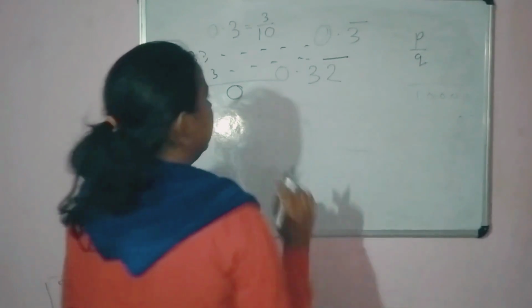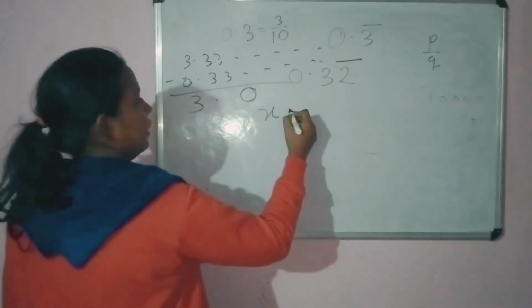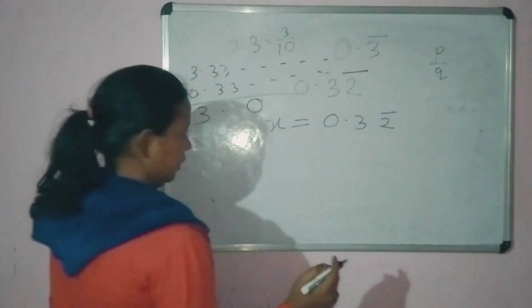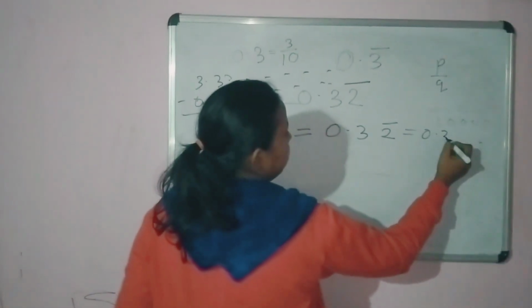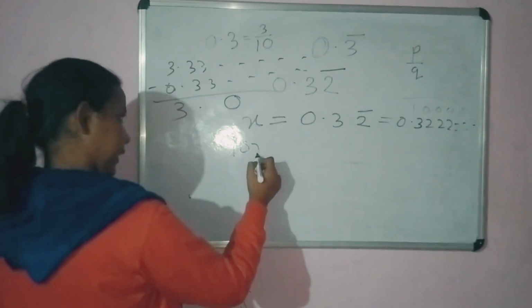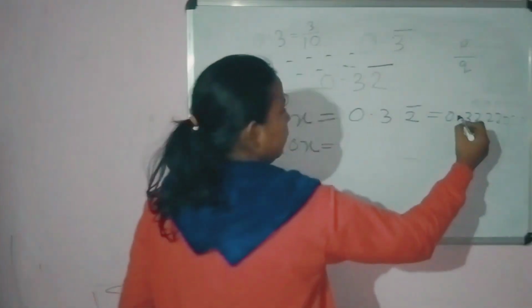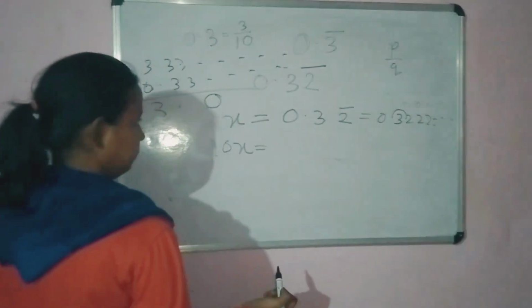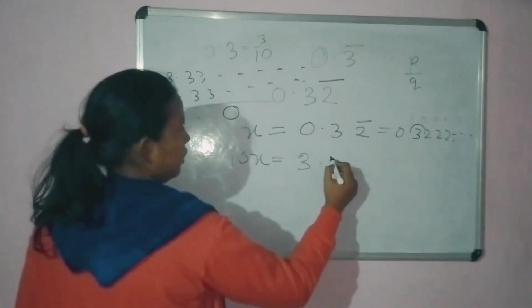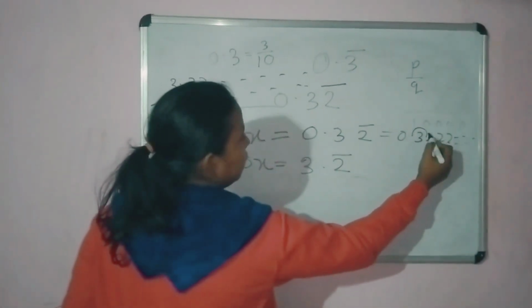Suppose the number is 0.32 bar. In this case also you write x is equal to 0.32 bar. That means 0.3222. If I take 10x, then the point will be shifted one place. So it will be 3.2 bar, because the point will be here.